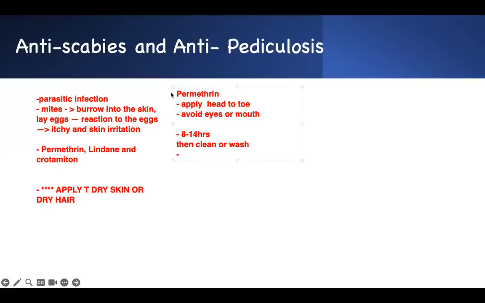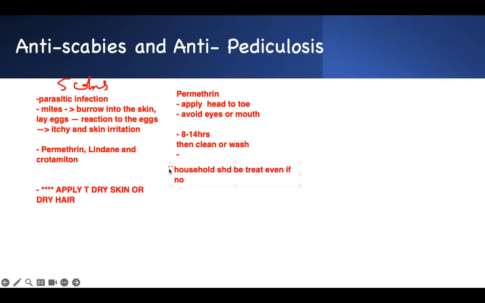If people in your house have scabies, this is all about scabies, there are key facts they can ask you. Their whole household should be treated, even if they have no symptoms.